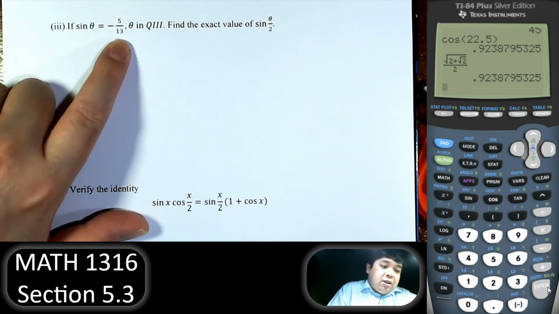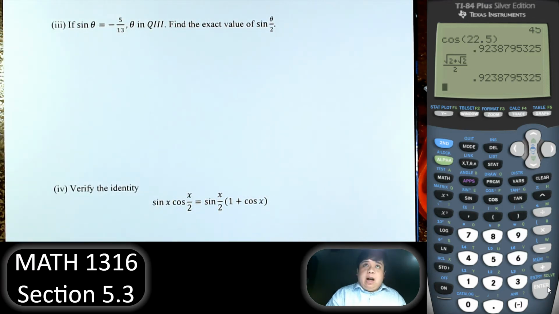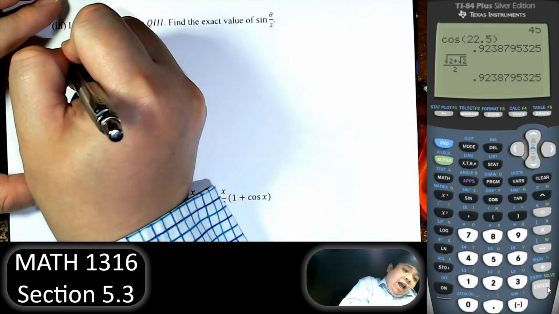Now, if sine theta is negative 5 over 13 in quadrant 3, find the exact value of sine of theta over 2. So, half angle formula.